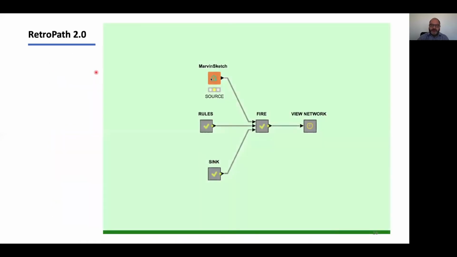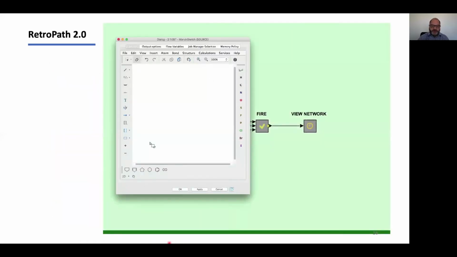Another example is this animation here, where you see how we use the Retropath tool. The Retropath tool is a tool that we developed in order to search for metabolic pathways that we can introduce into a cell.